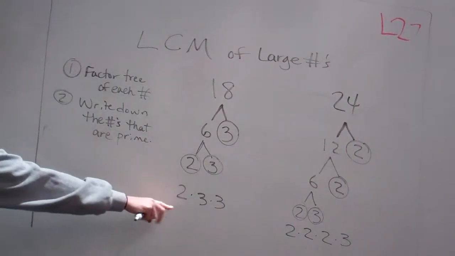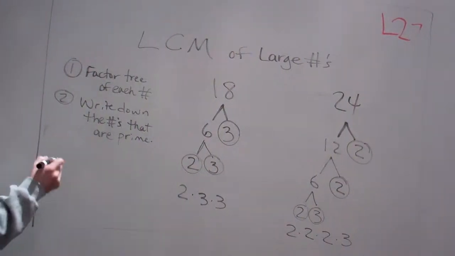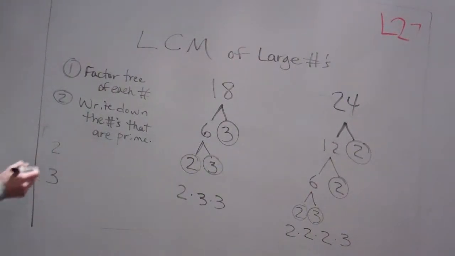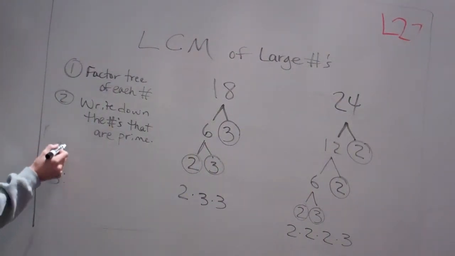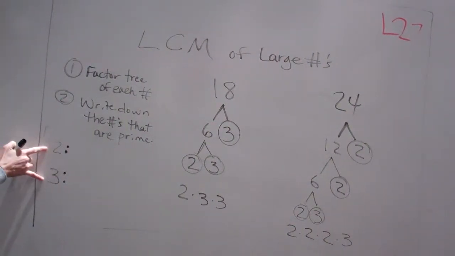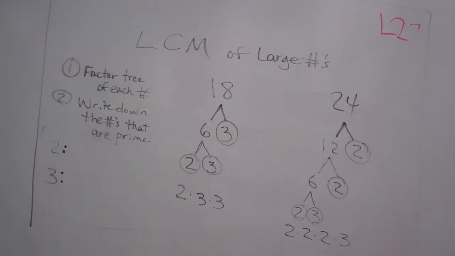This one has 2 and 2 3s, and this one has 3 2s and 1 3. So all I'm going to do is write down the numbers that we've used, and I'm going to put a colon. Most of the time we don't use colons in math, but these are just to help me.